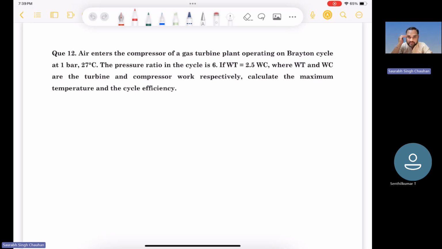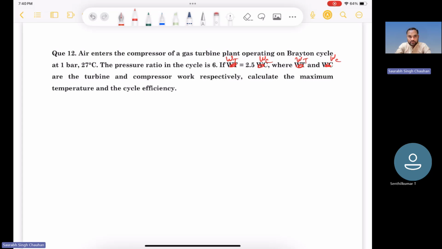The pressure ratio in the cycle is 6. If turbine work output is equal to 2.5 times the compressor work input, where WT and WC are the turbine and compressor work respectively, we have to find the maximum temperature and the cycle efficiency.